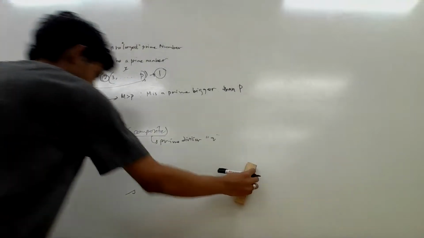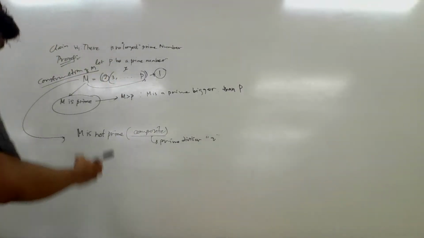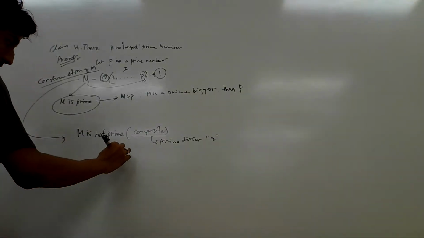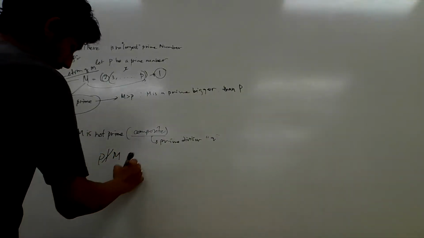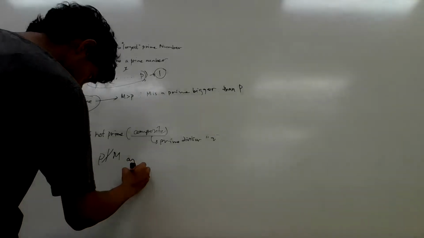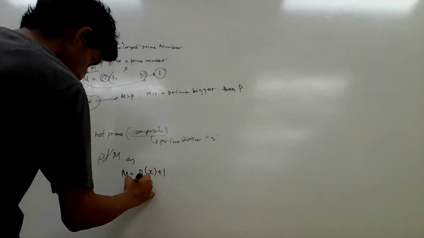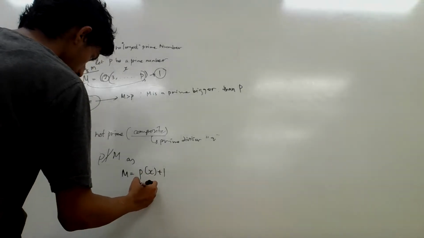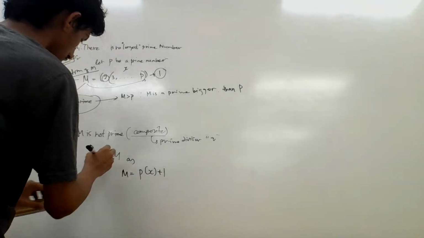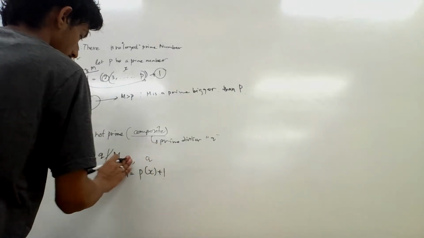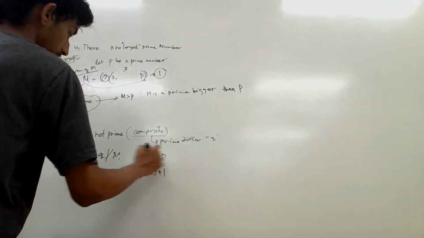So how do you move on with this? You can keep going until p does not divide m, as m is of the form p times x plus 1, and q does not divide m when q equals p.